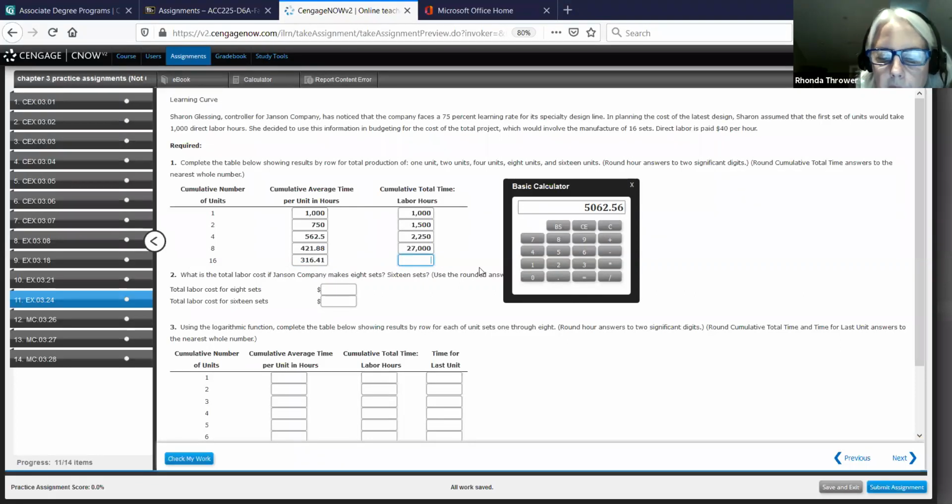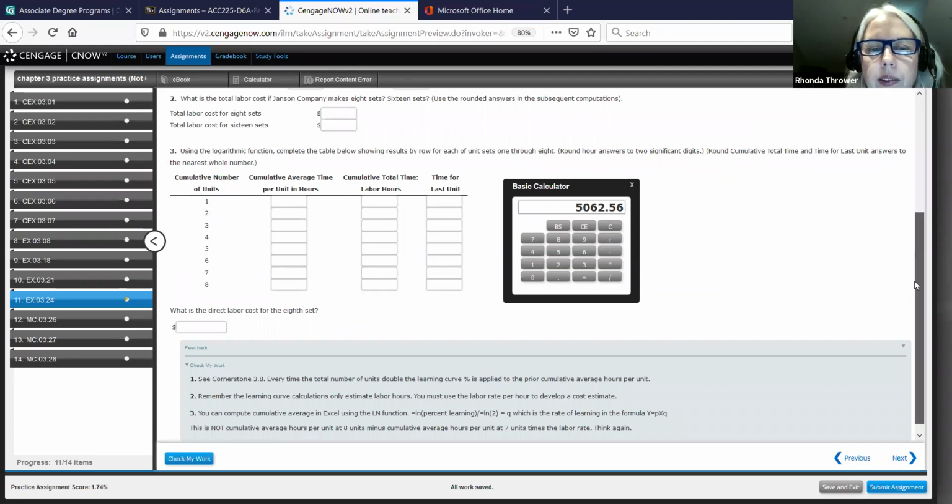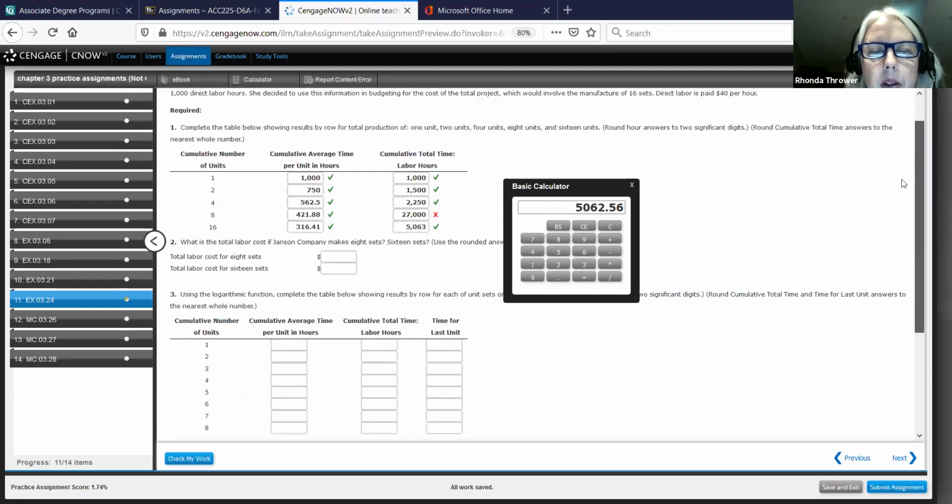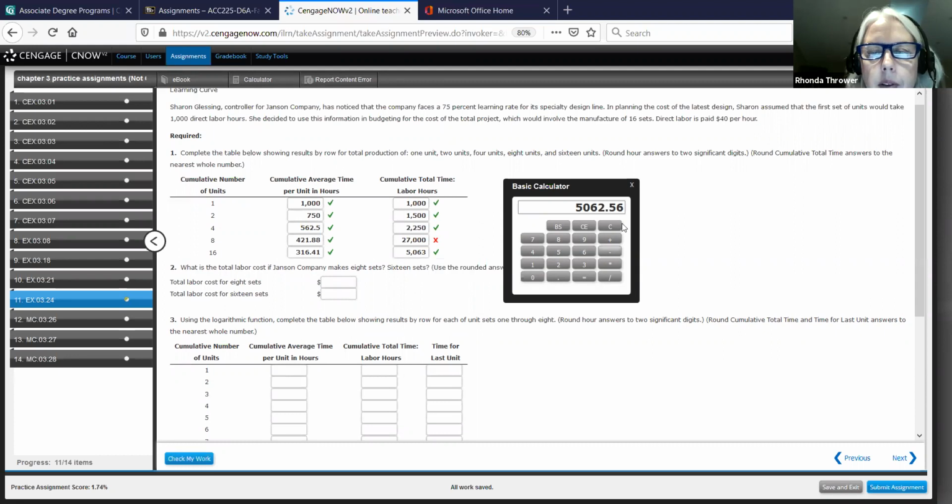So it's going to be 5,063. I'm going to check my work, because if you don't get this part right, you're not going to get the second part right. And it looks like I've multiplied something wrong here.